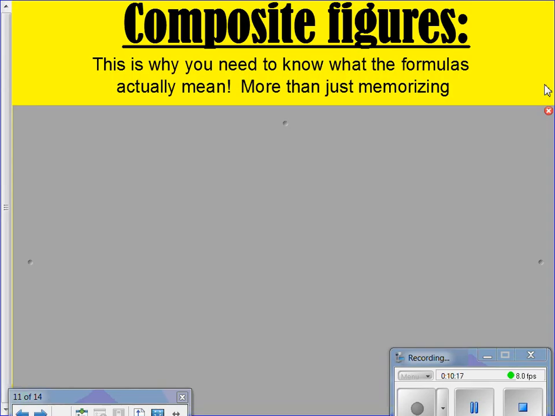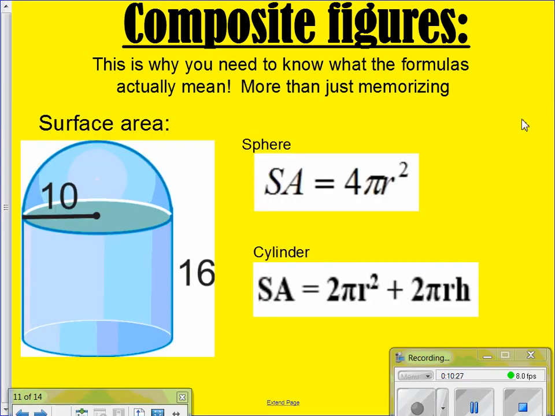Okay, last thing I want to talk about with you guys is composite figures. So here's where it's important to know more than just the formulas, but actually what they mean. So it's more than just memorizing. Our first example here, when finding surface area of this composite figure, it's a couple shapes put together, right? You need the surface area of a sphere, but then you divide that in half because it's half of that, okay?